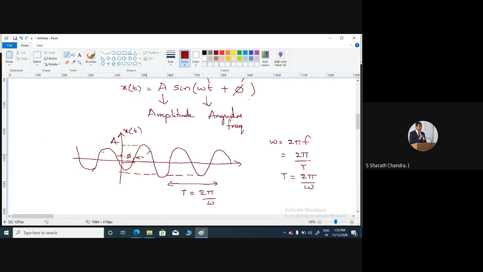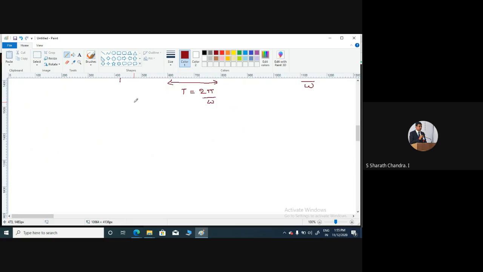And if you would like to represent a discrete time version of this signal, it takes the same form, and you can write it as x of n is equal to A sine omega n plus phi, where A represents the amplitude, omega represents the angular frequency, n represents the discrete time variable, and phi represents the phase angle.